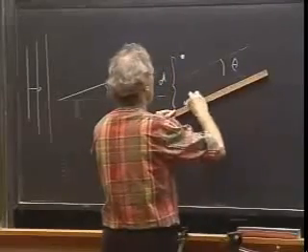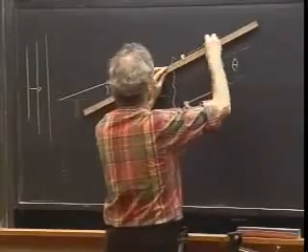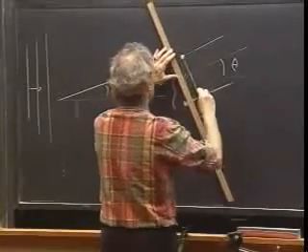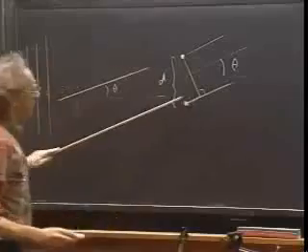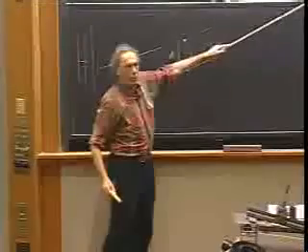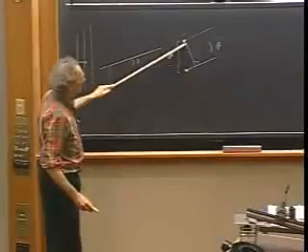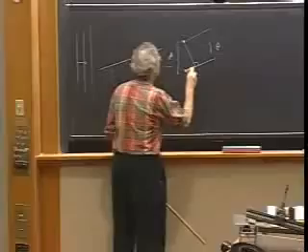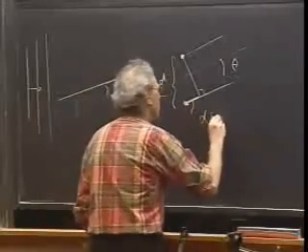If this is theta, this is no different from what we did last time for the double slits, then the path difference from this spherical wave to a point far away at an angle theta and this spherical wave, that path difference is d sine theta.